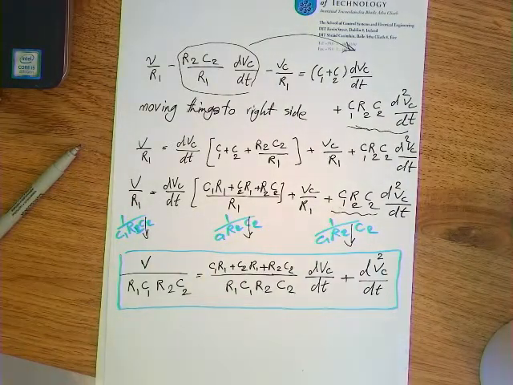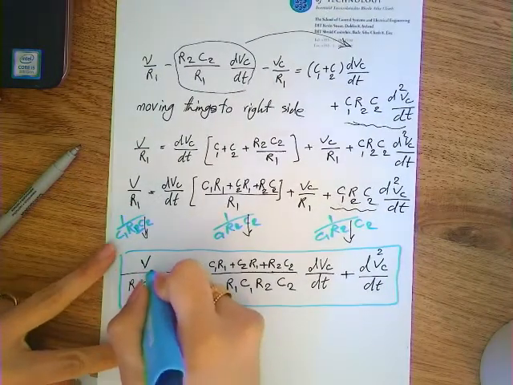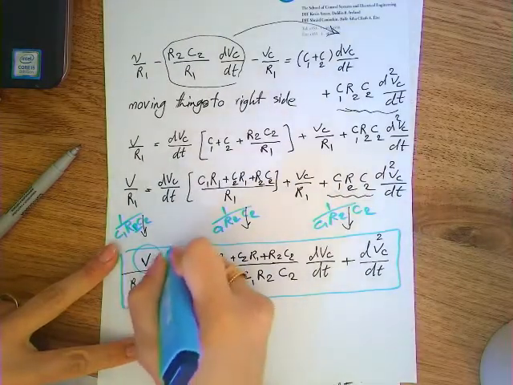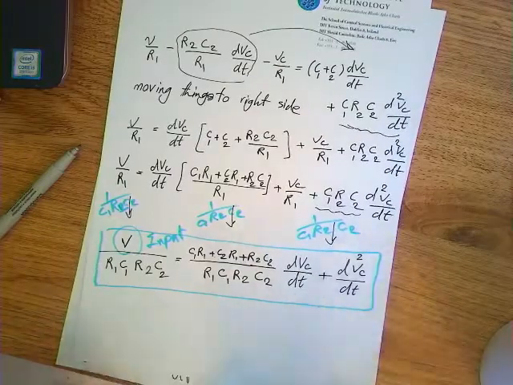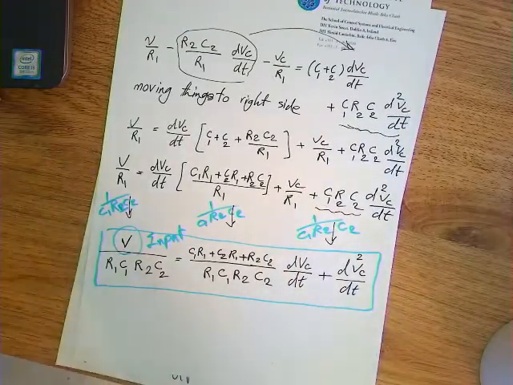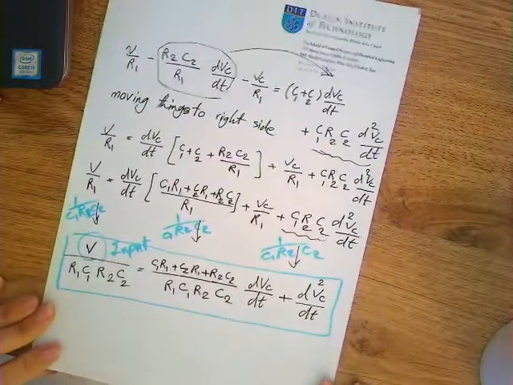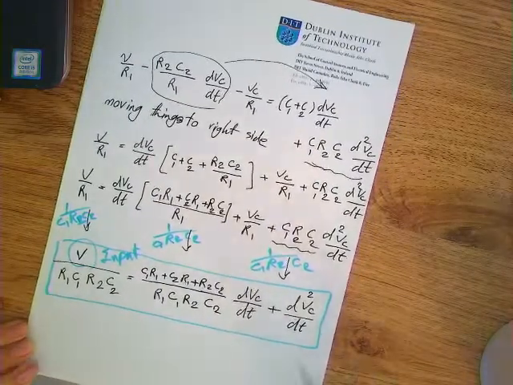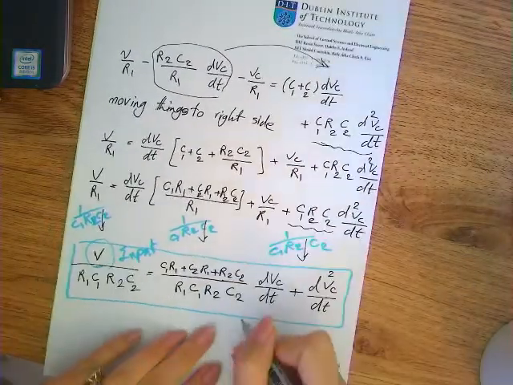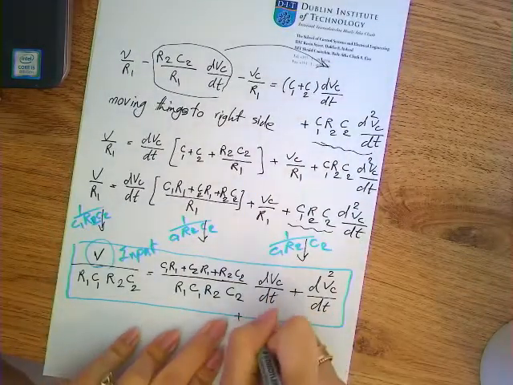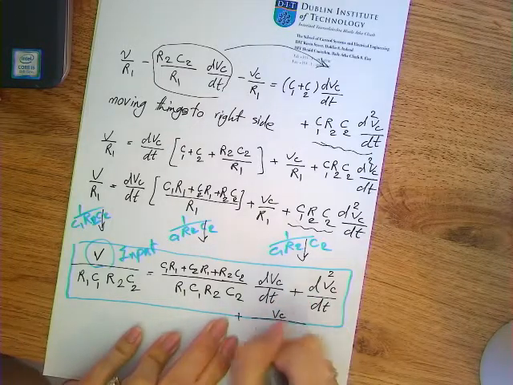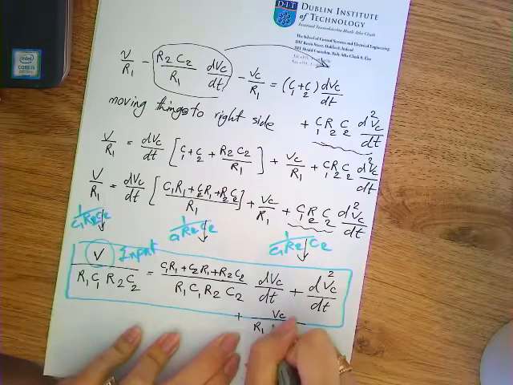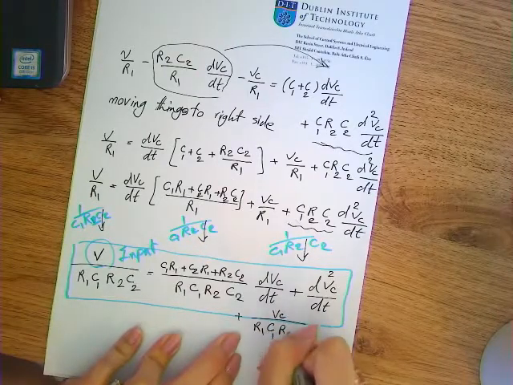So this here is my input, and on the other side, I missed one term here. Actually, one term is my Vc divided by R1 C1 R2 C2.